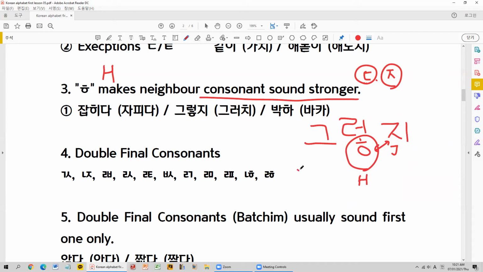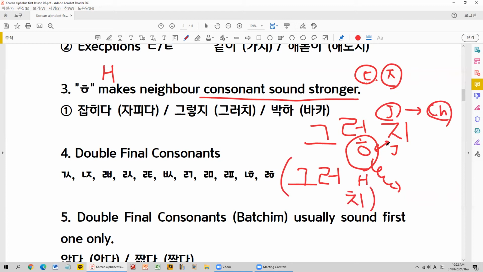The first one is good, doesn't change, and then for the next one, because this H disappears, it makes the other consonant a stronger sound. This is usually a J sound, but the stronger sound is a CH sound. So you have to read 그렇지, 그렇지, 그렇지.